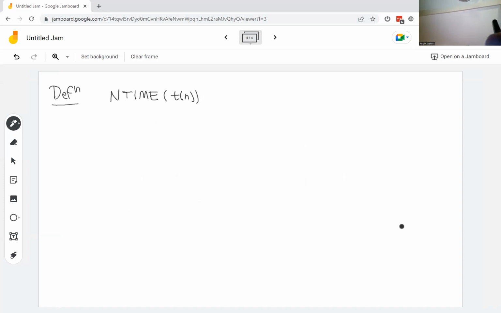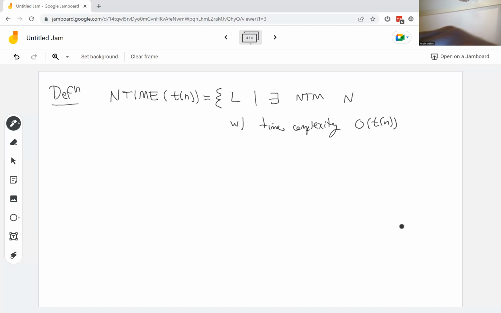NTIME(t(n)) is the class of languages L such that there exists a non-deterministic Turing machine N with time complexity order t(n). So it's basically the same definition as we had for TIME, but now we're just saying that there exists a non-deterministic Turing machine.